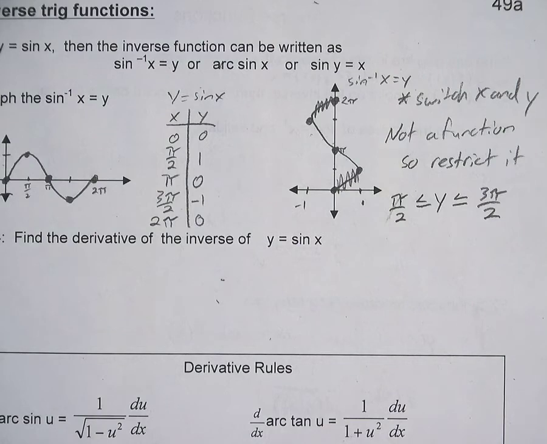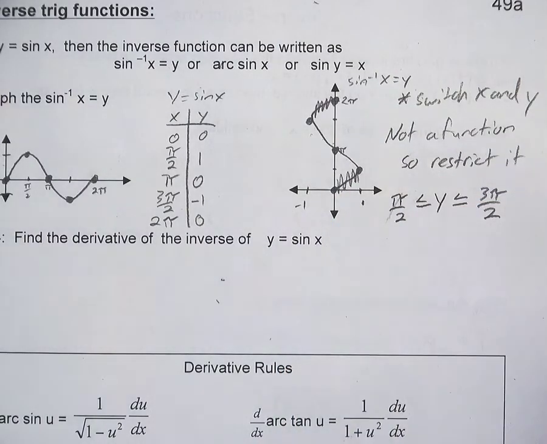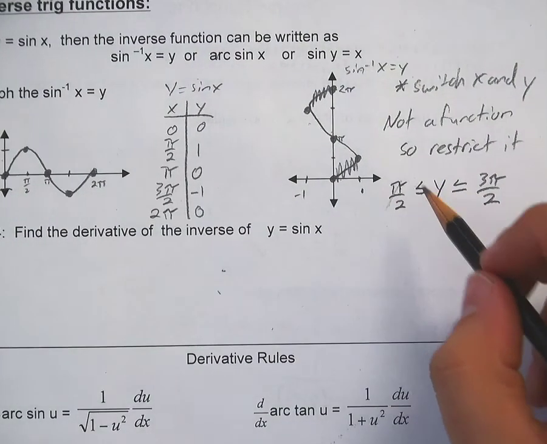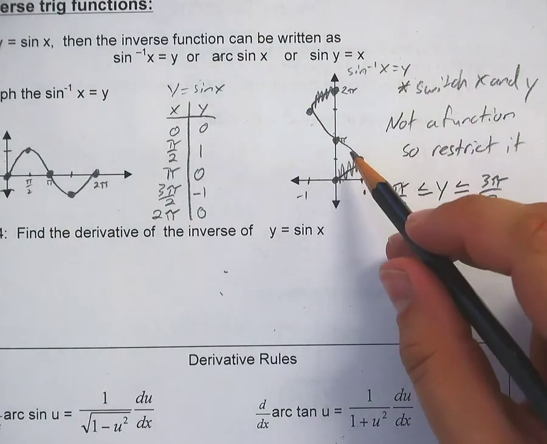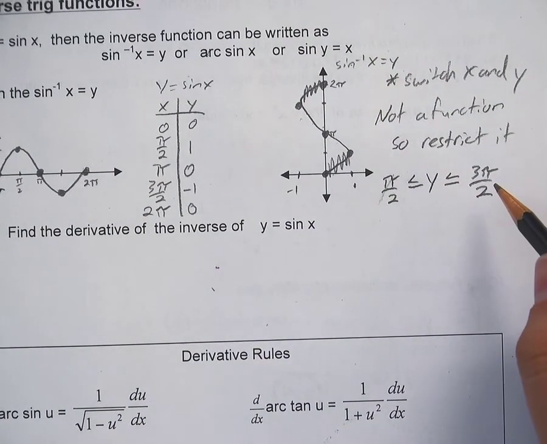Now I could pick any one of those if I wanted to. If I wanted to continue the sine wave down here and go negative pi over 2 to pi over 2, that's fine. But I'm only going to take one piece of this that makes it a function, and I'm going to restrict it. All right?